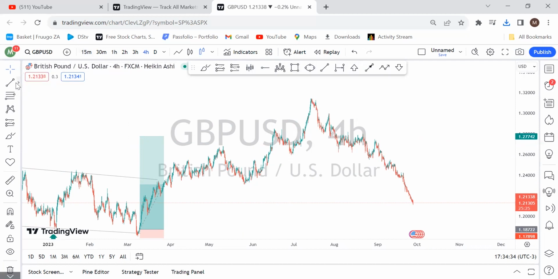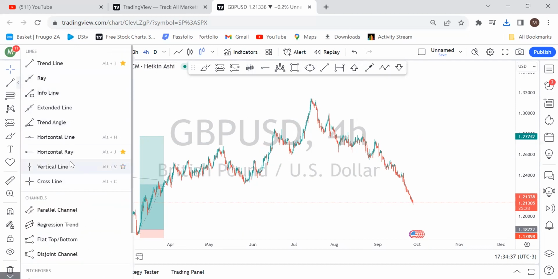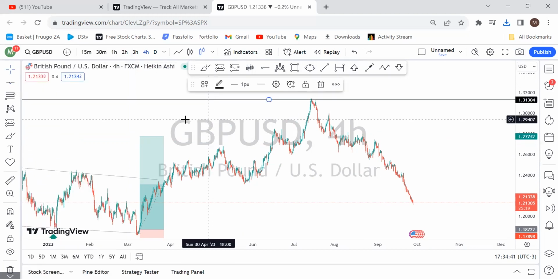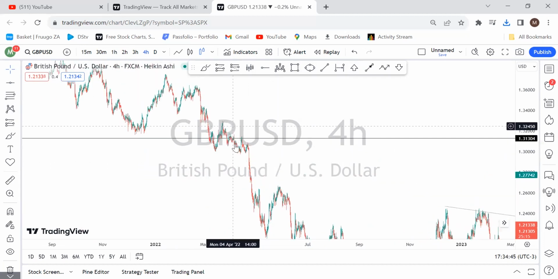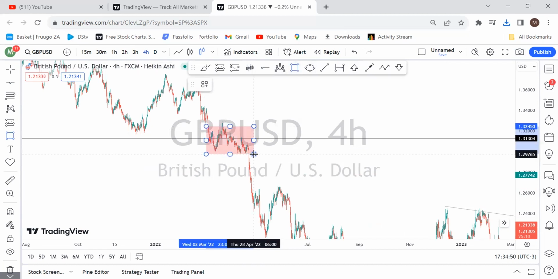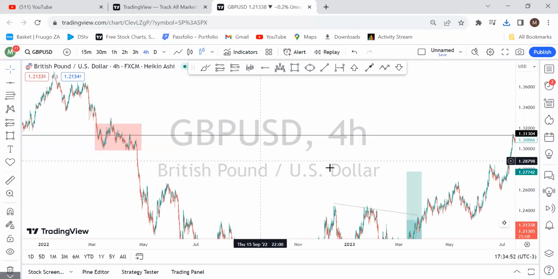So let me just grab a horizontal line instead of the horizontal ray, so we can see where it was respecting. So it respected this area right here, which is okay.